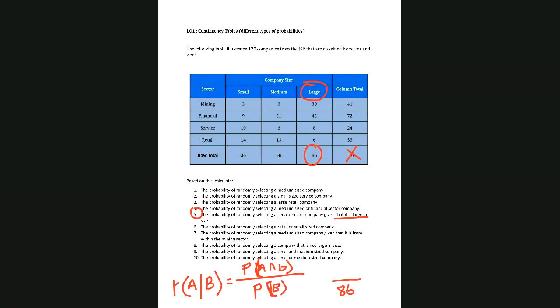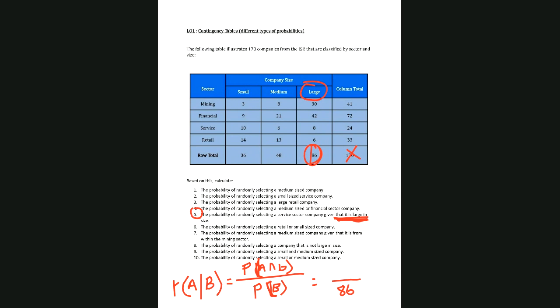The given portion goes to the denominator. We said it was given that it is large companies, and there were 86 large companies, so that became our denominator.